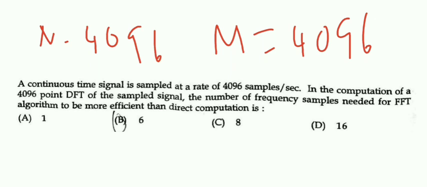Now we have to compare DFT and FFT and find how much FFT is efficient over DFT. Whenever we compare DFT and FFT, we take both the complex multiplication and addition. Here we take complex multiplication for simplicity.